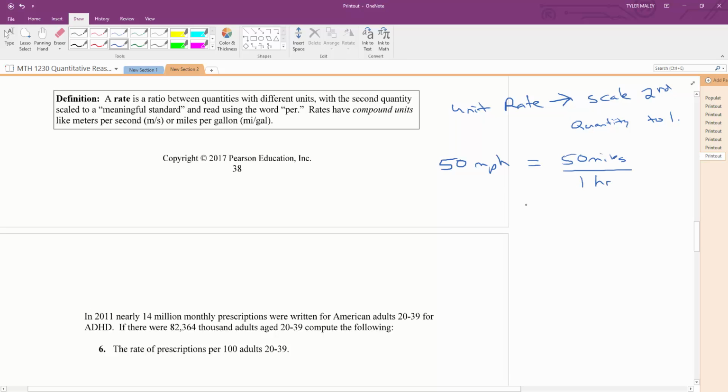The second quantity is scaled to 1, where we could do 100 miles in 2 hours, which would be equal to 50 miles per hour. So this would be a rate, how it's written, and then to convert this into a unit rate, you just have to scale the second quantity to 1. So this would be a unit rate.